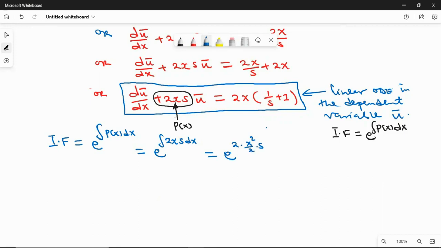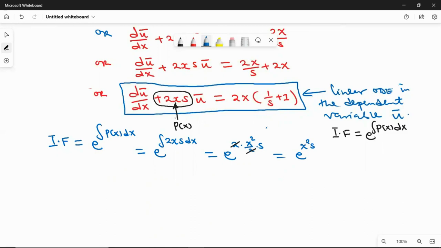You integrate x, and when you simplify, the 2 will cancel with this other 2, so it is exponential x squared s. That's what we have.